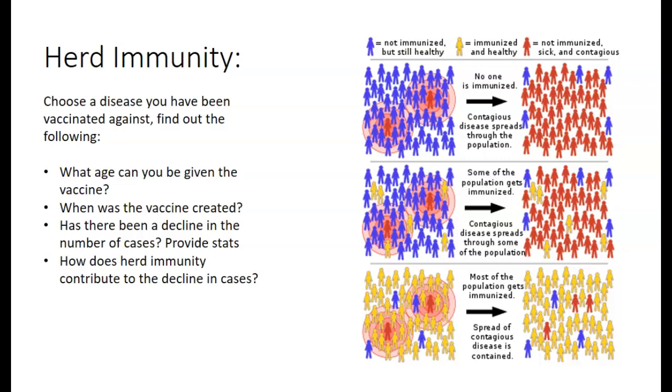The campaign for anti-vaccination crops up from time to time in the media, and there's a OneNote task around the ideas that are presented by that group, asking you to do a little bit of research and find a rebuttal, if you like, against the ideas that come out of that campaign. So there are people who choose by their own values to not be immunised, but there are people who cannot be immunised.